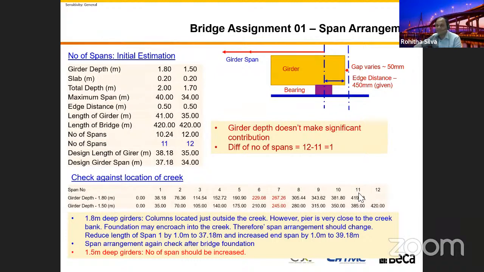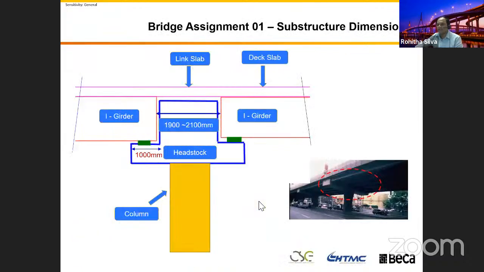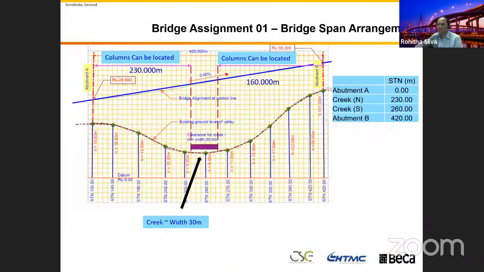This is the 11 span arrangement, the location of the span, my girder. If you go to this valley, you can draw this line in here. If you draw this line, you can calculate your vertical height. You can do everything. I assume you have this paper with you in your hand.